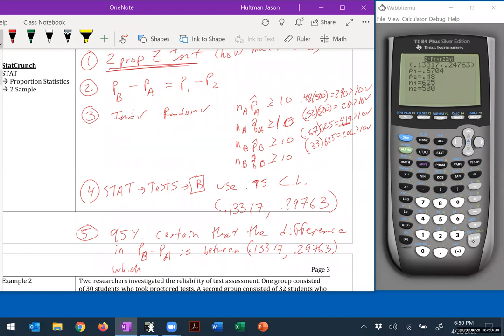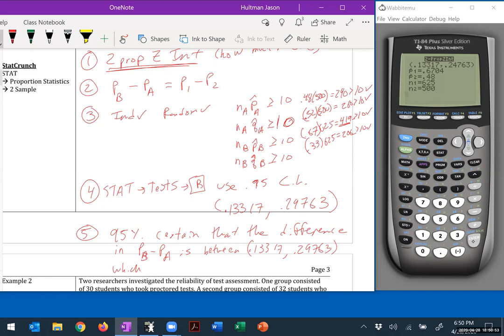It tells me that the difference had to have been positive. Why? Because the numbers in my confidence interval only contain positive numbers.